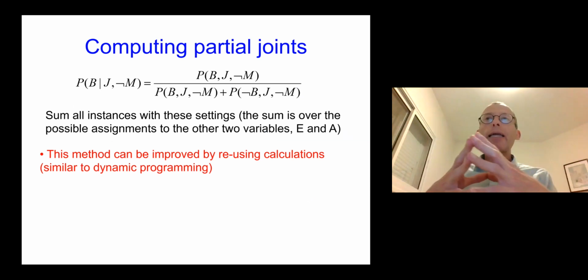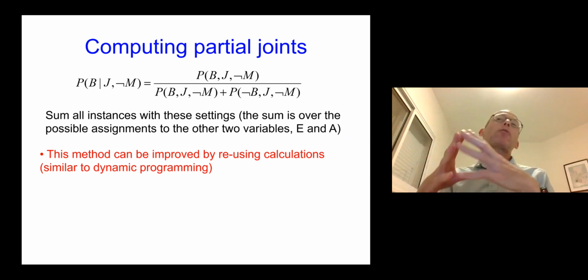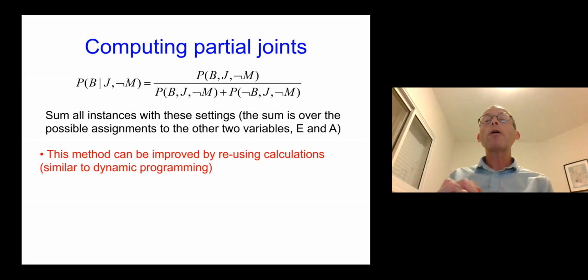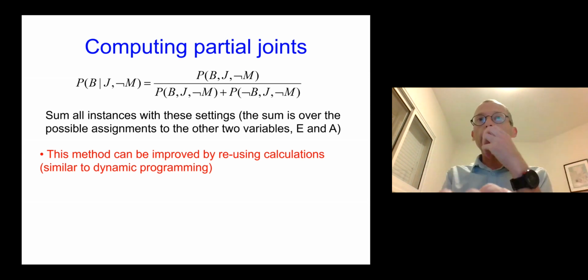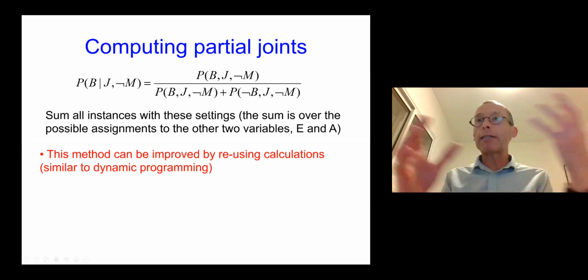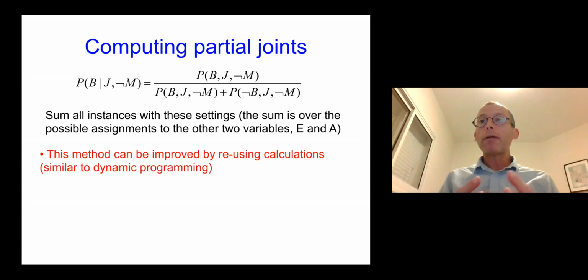As we'll discuss next time, there's no guarantee that whatever reusing of calculation we do will really provide a fast solution, right? The problem with enumeration is that it's exponential, or could be exponential, in the number of variables, which is something we cannot tolerate, right?